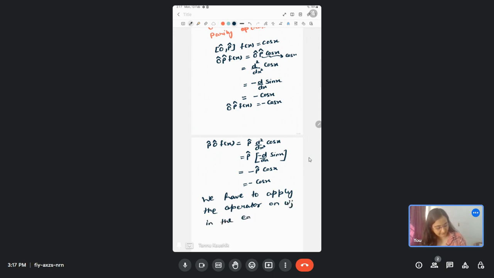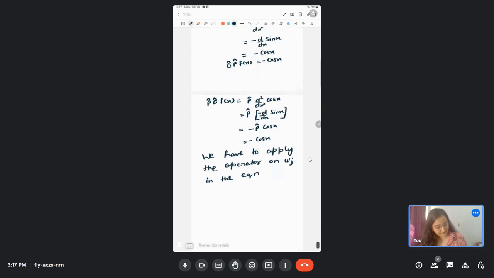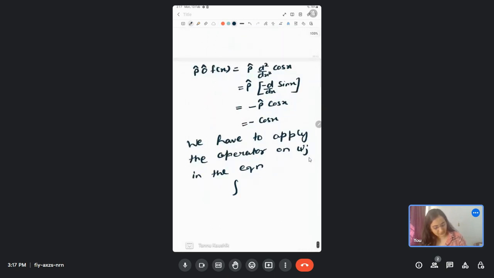So basically what we have to do is apply the operator on psi j in the equation, psi i O psi j.